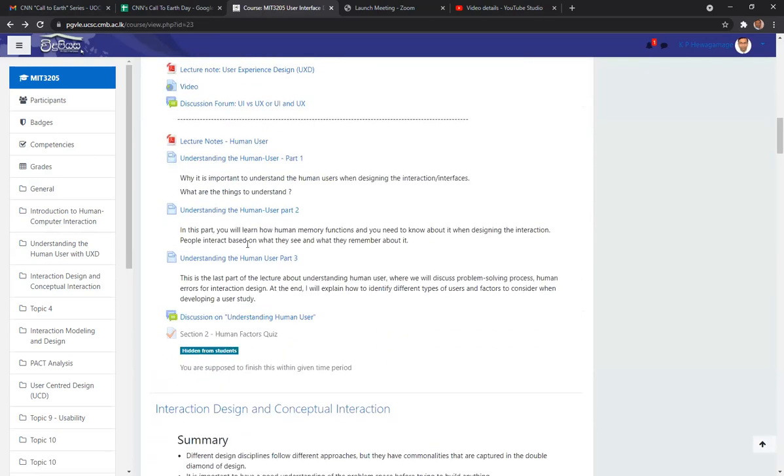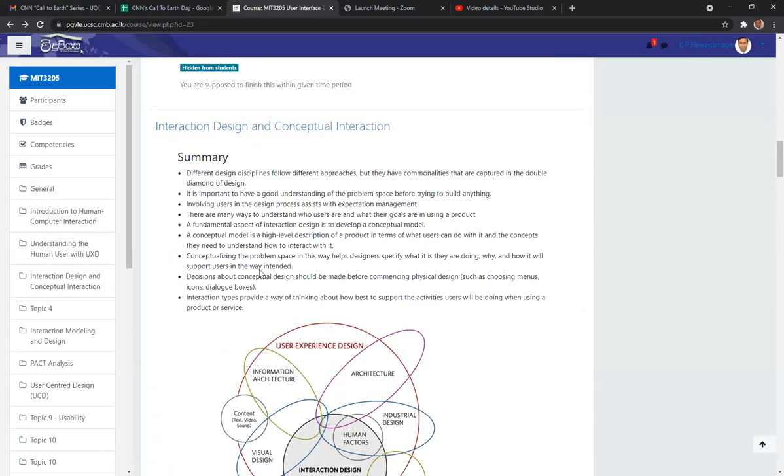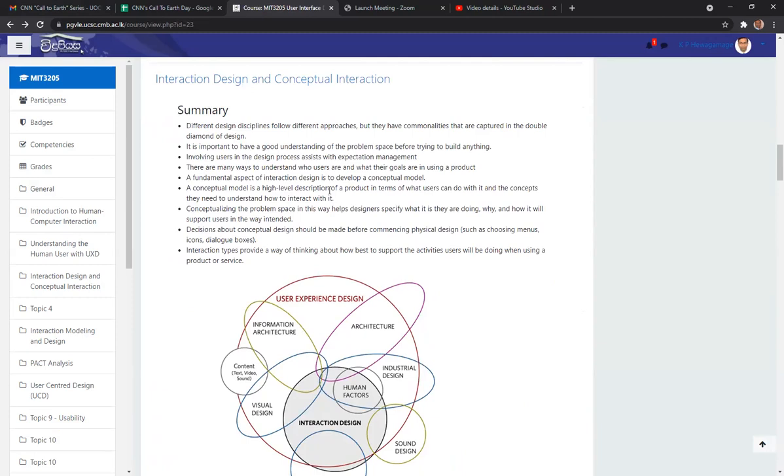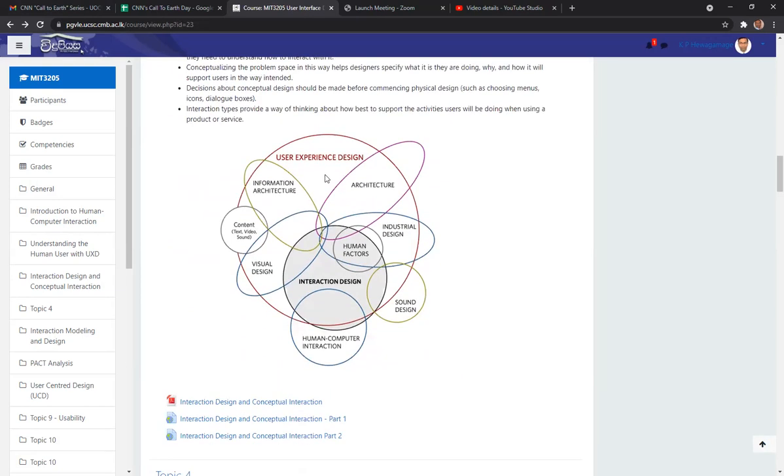I will summarize some of the most important things. I mean the keywords, what I said today, please keep them in mind. And this is a part of, I think, the interaction design and the conceptual interaction. So taking what I explained to you, I think this diagram is very, very important. So what Dr. Tin has put in the slides and the video, I'm talking about small stuff, but really user experience design is a bigger one.